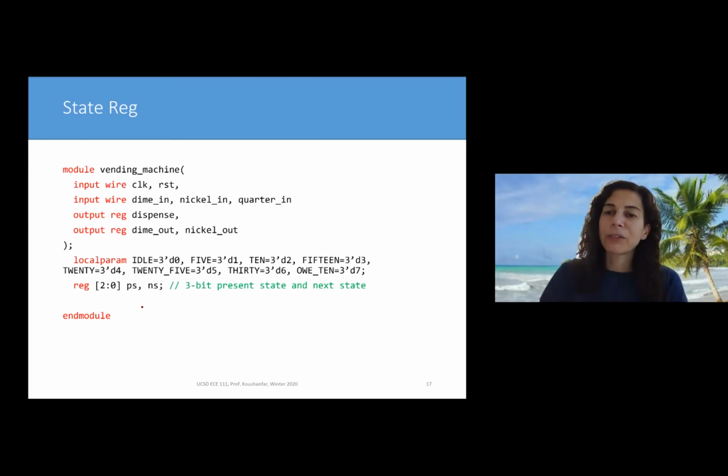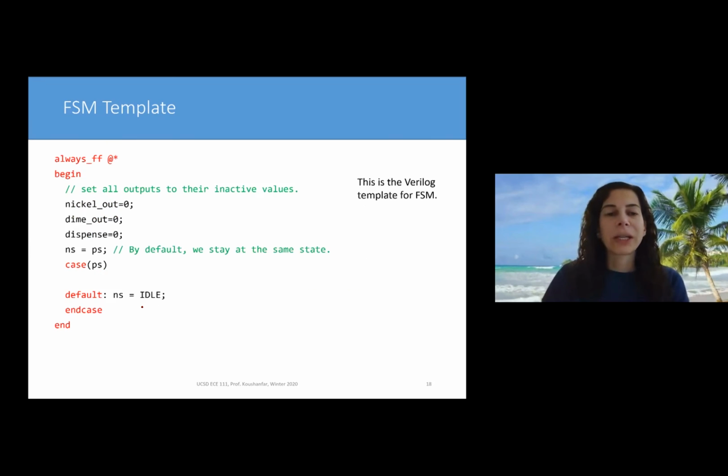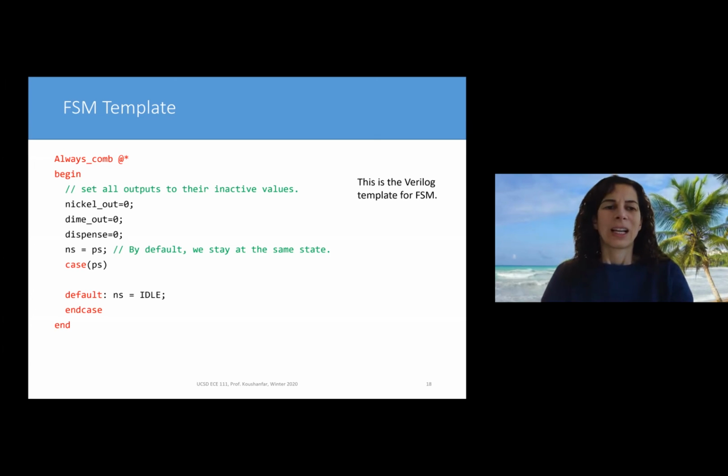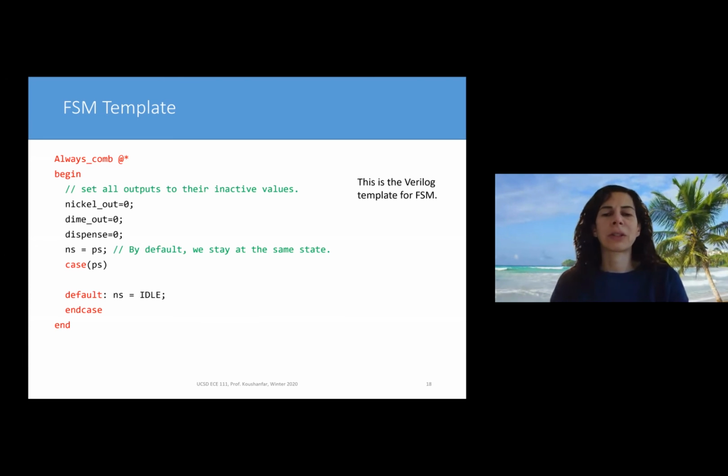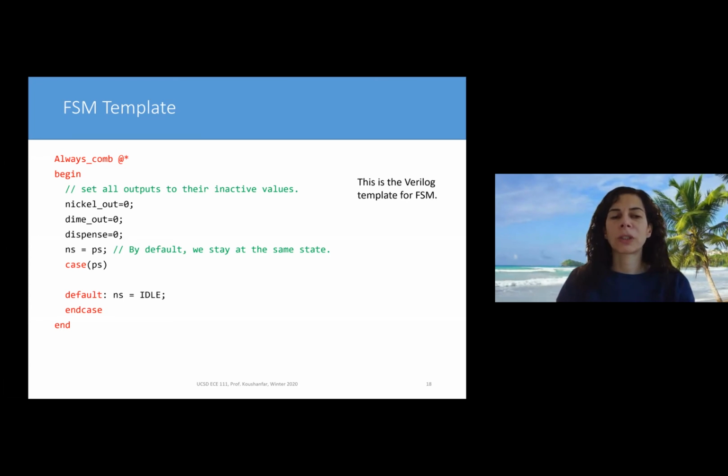Now that we have the interface to the module, we are going to define that state transition diagram. We are going to do the combinational part of the circuit, which says that when we have some state and we get the input, what happens combinationally so that we transition to the next state.